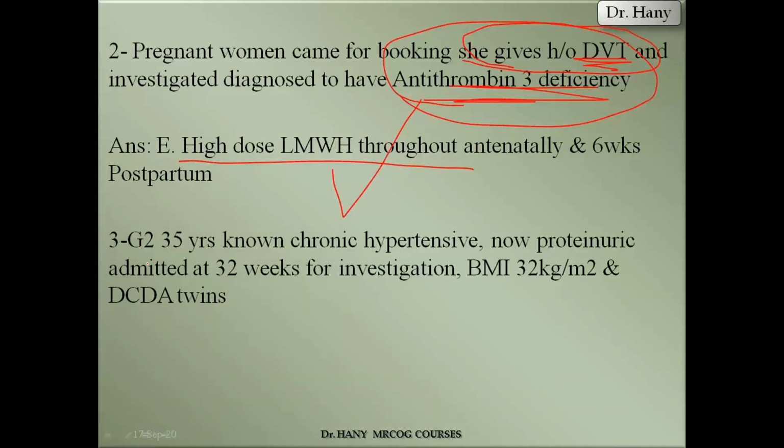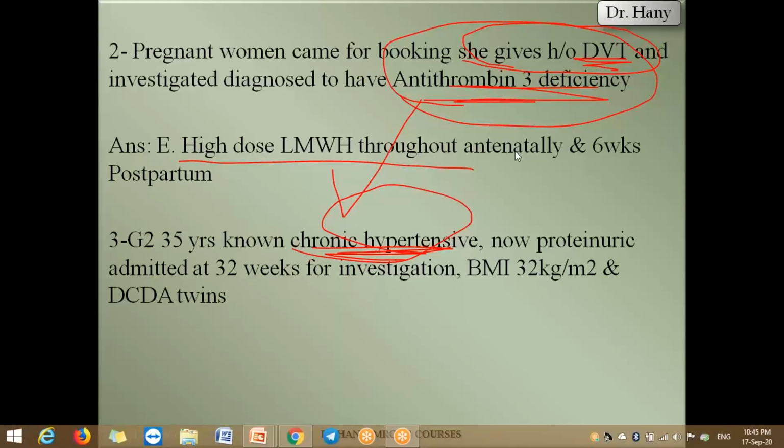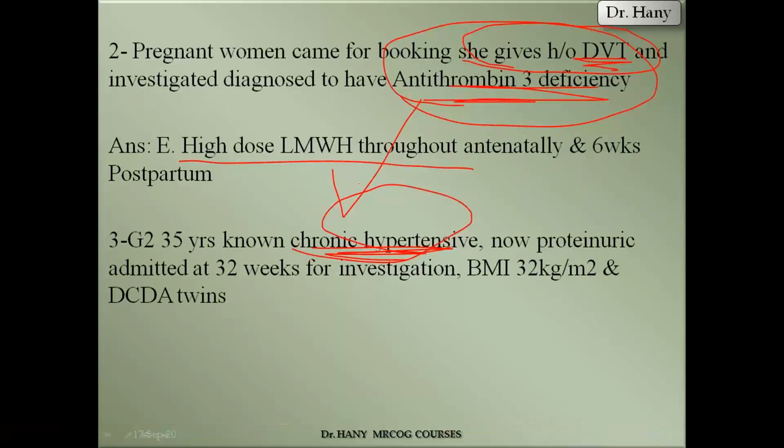A gravida 2, 35 years, known with chronic hypertension. Does chronic hypertension give you a score? No. Nothing. It should be zero.